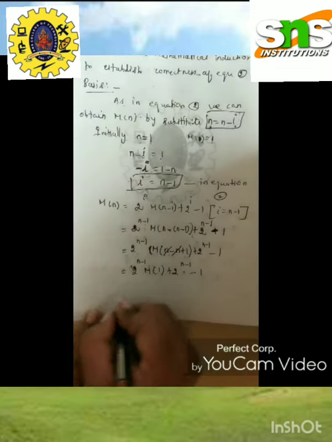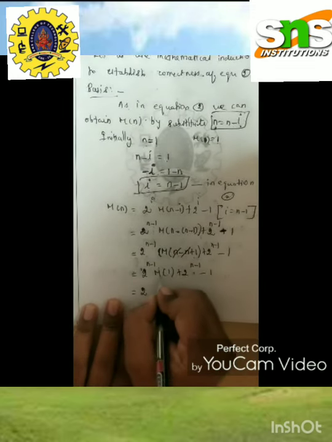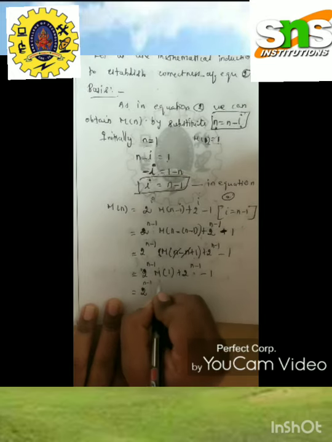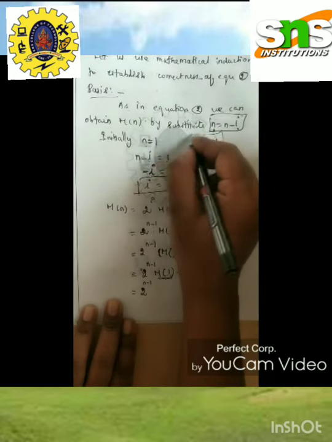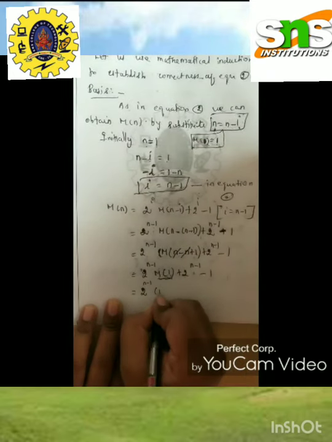So here, 2 power n minus 1, m of n is equal to... we already discussed that m of 1 is equal to 1. So instead of this, I am substituting 1 plus 2 power n minus 1 minus 1.